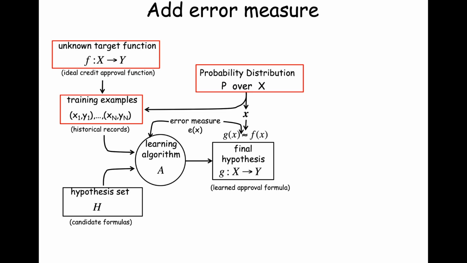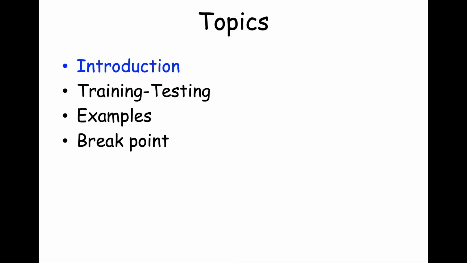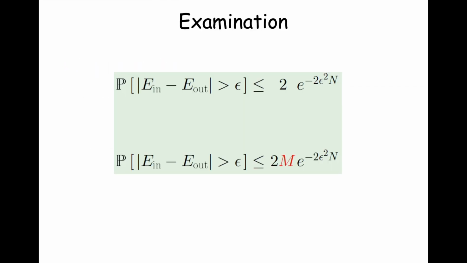So we talked last time about adding an error measure, and this error measure described the coincidence between the working hypothesis and the unknown target function's labeling action on the training examples. So let's take a look at training and testing.